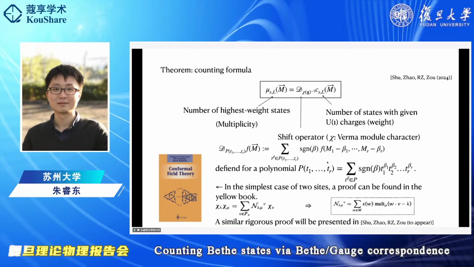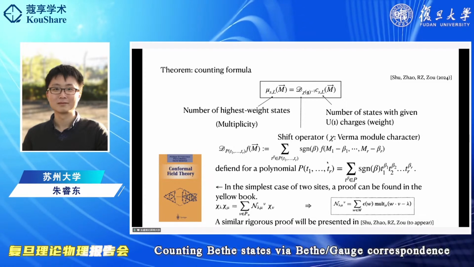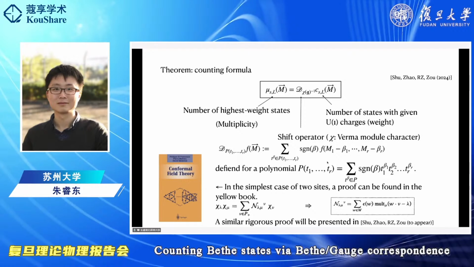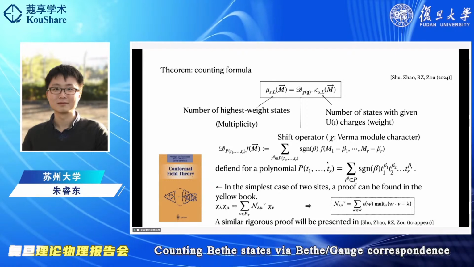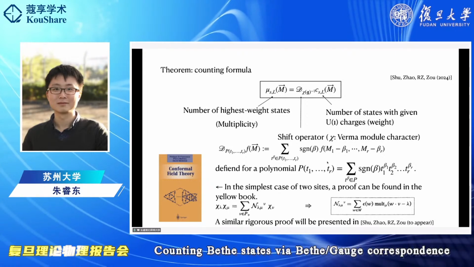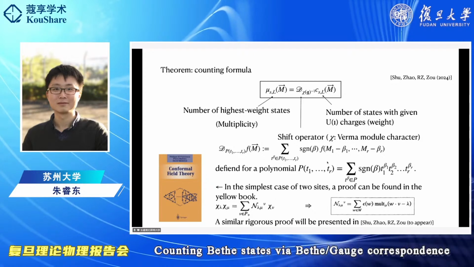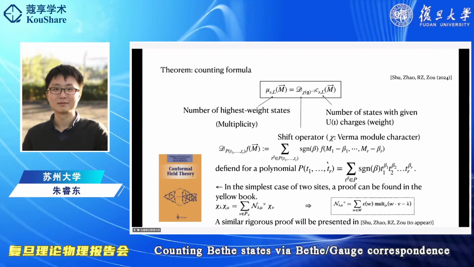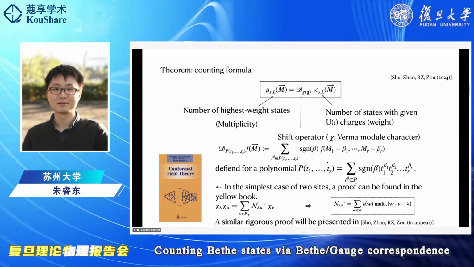So we are proposing a general formula that works in SU(N) or even all the algebraic cases, that, starting from the number of states with a given U1 charge, we can do some computation to get the number of highest weight states.